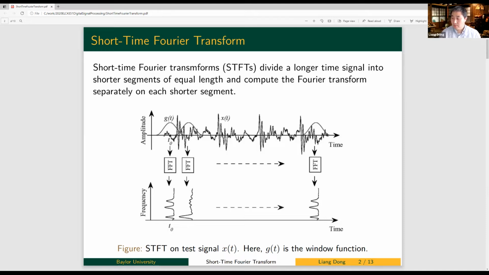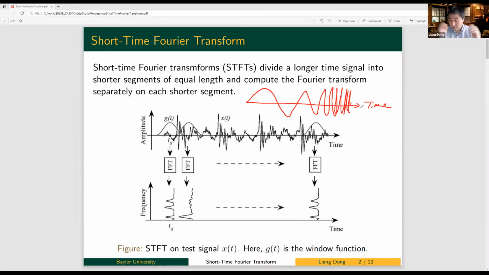For example, if I draw here, if I have a signal that looks like this, here is time. The signal is a wave that becomes denser and denser. So when you calculate the Fourier transform of the entire thing, it is different, because if you calculate just this part, the frequency will be lower than if you calculate the frequency from here to here.